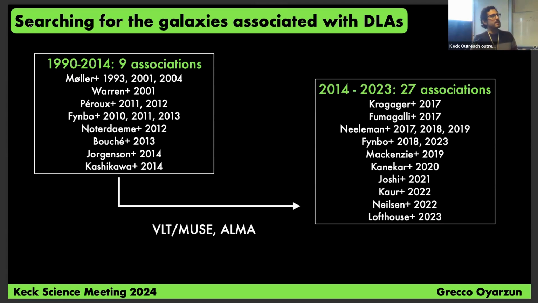That ability enabled studies in the last decade to find 3 times as many galaxies as we had been able to find previous to 2014. So basically, ALMA and MUSE enabled us to identify galaxies that were at projected separations from the damped Lyman alpha absorber.